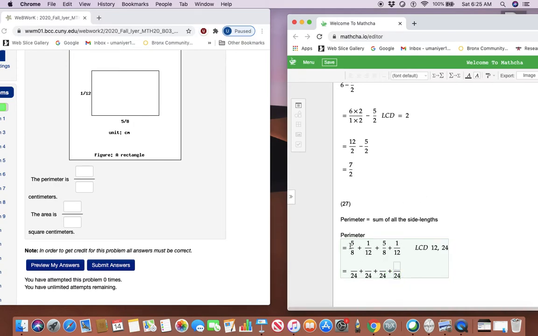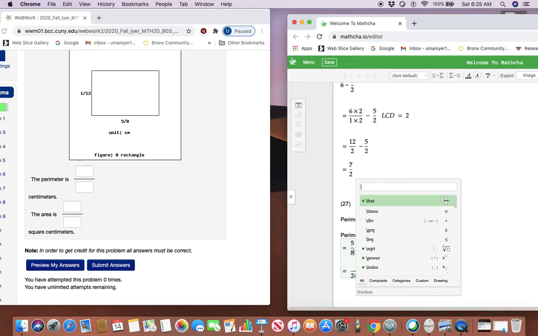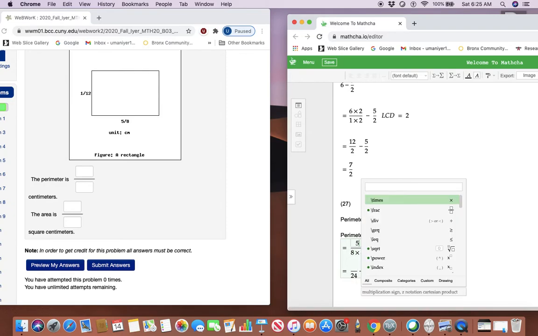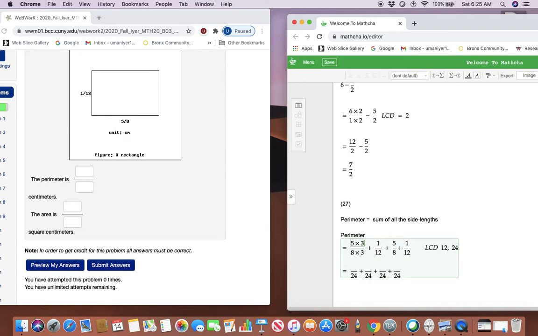All right. So how do I go from 8 to 24? 8 times 3. Whatever I multiply to the denominator, I must multiply to the numerator. So that's a 15, right? 5 times 3. Likewise, what do I do for 12? 12 times 2 is 24, right?